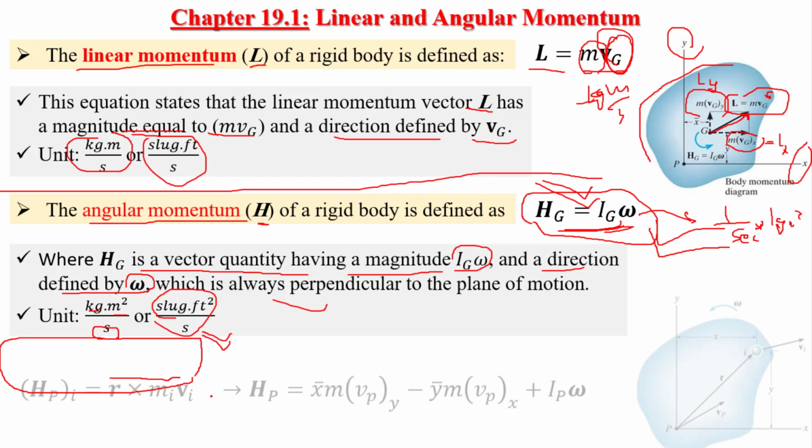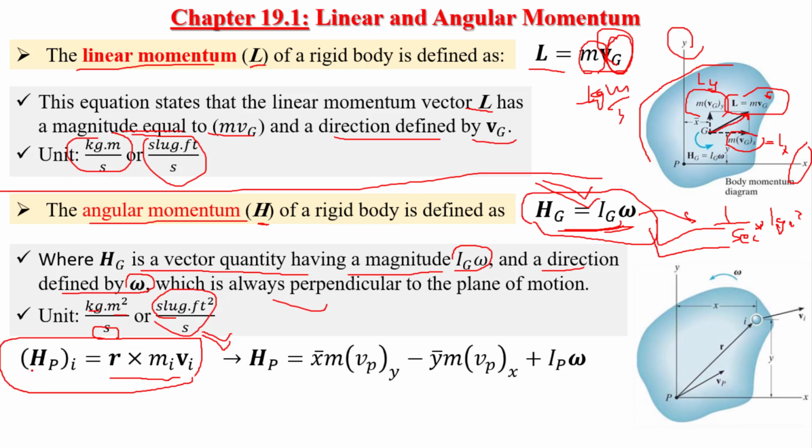So as I mentioned, this is a vector, okay, for any arbitrary point.